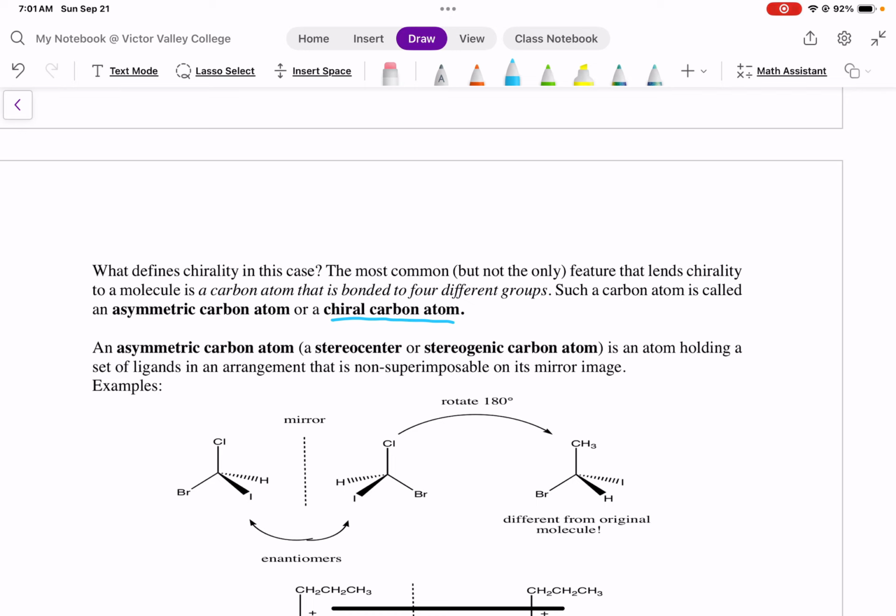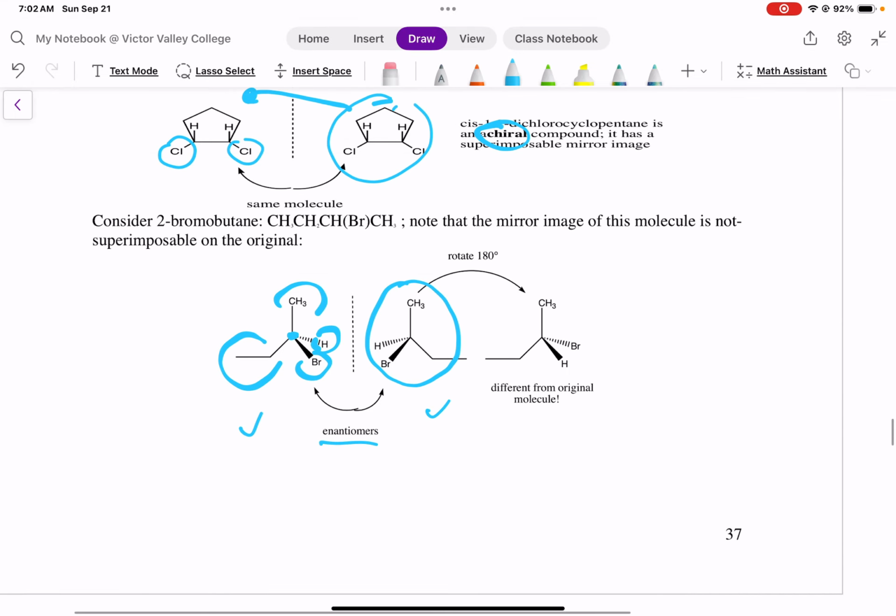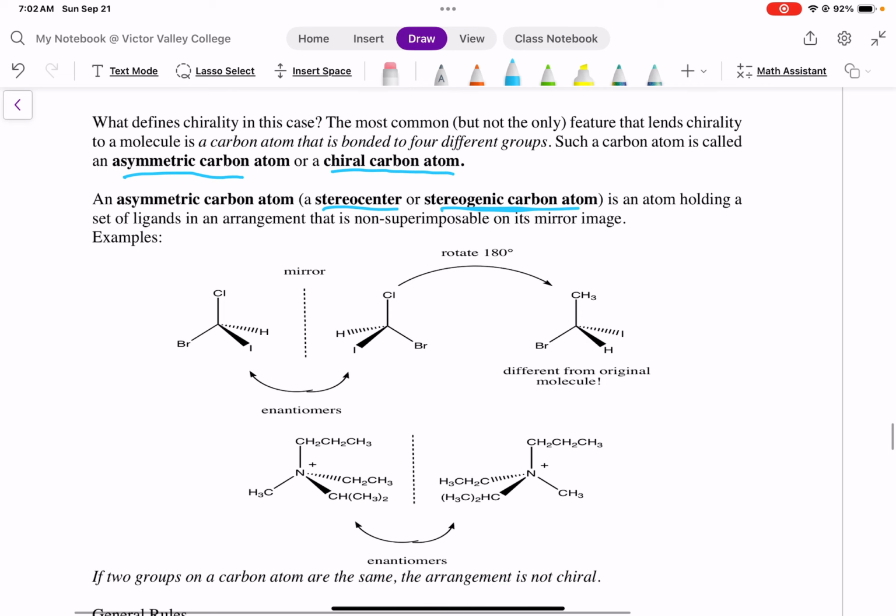Now, it turns out a chiral carbon is present in like 99%, 99.9% of chiral compounds, also known as an asymmetric carbon, stereocenter, or stereogenic carbon atom. When you have a chiral molecule or compound, very likely you have a chiral carbon. So what's the definition of a chiral carbon, right?